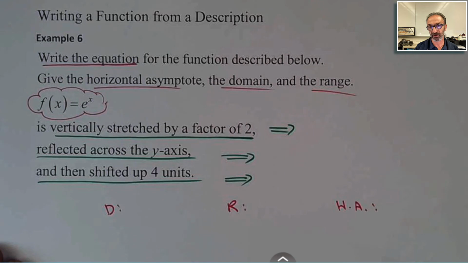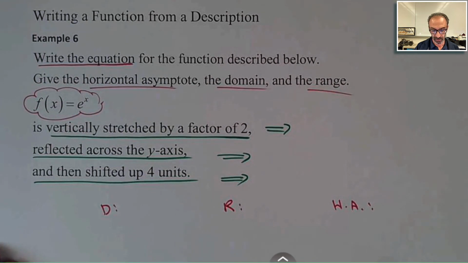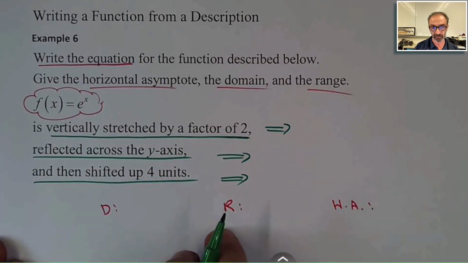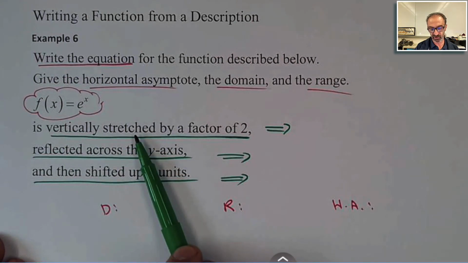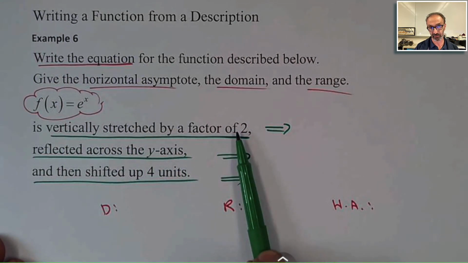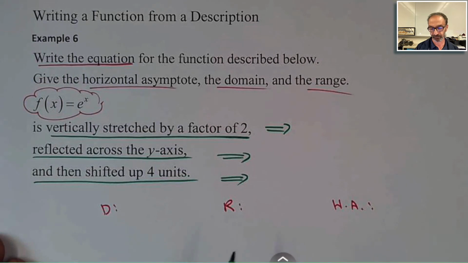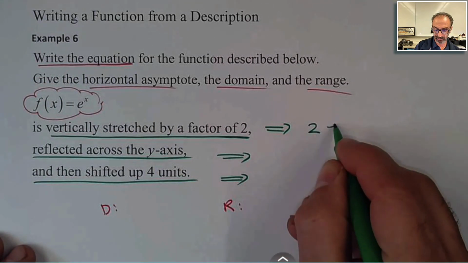Writing a function from a description. Write the equation for the function described below. Give the horizontal asymptote, the domain, and the range. f of x equals e to the x. That's a function that we are familiar with in pre-calculus and calculus. It is vertically stretched by a factor of 2, step by step: 2 times e to the x.